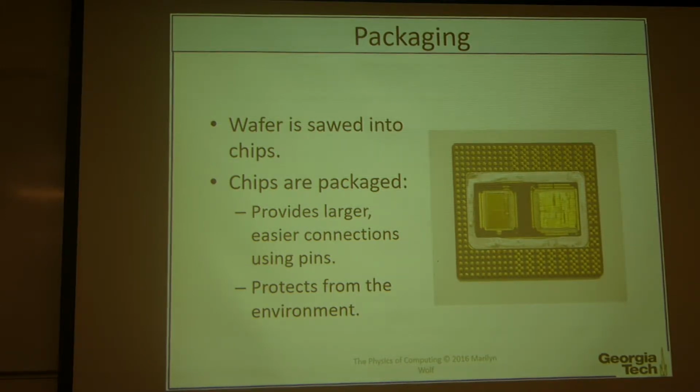After the wafer is fabricated, we saw or cut it into pieces to make chips. These chips are packaged using the connections of using the pins, and we passivate it to protect it from the surrounding environment. So these are brief explanations on packaging.